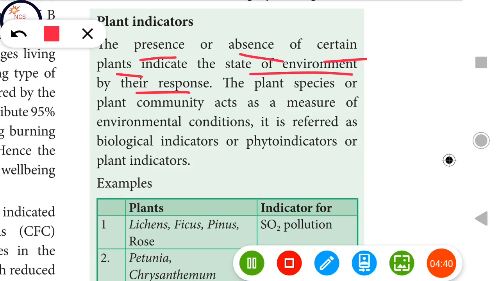The plant species or plant community acts as a measure of environmental conditions. It is referred to as biological indicator or phytoindicators or plant indicators.